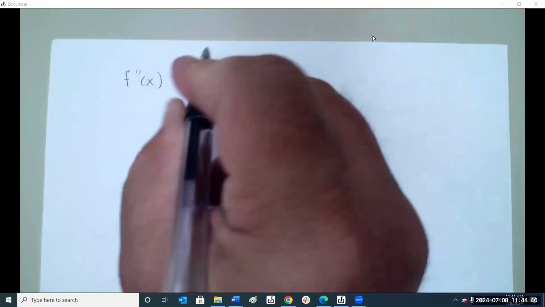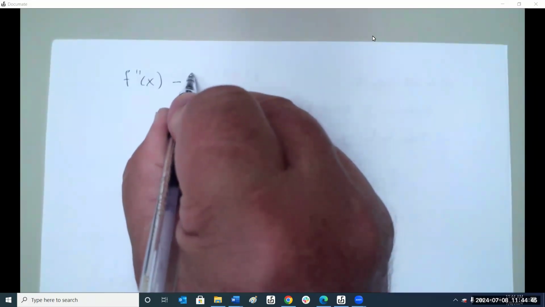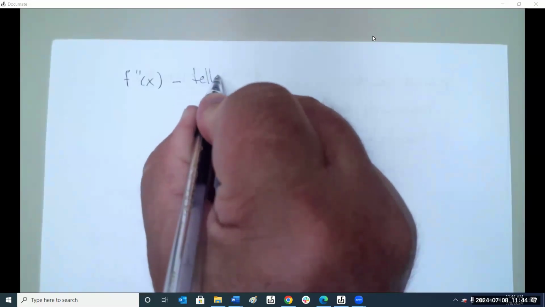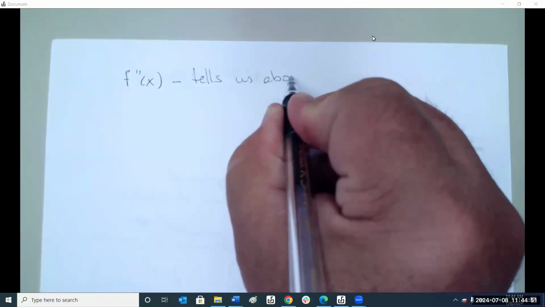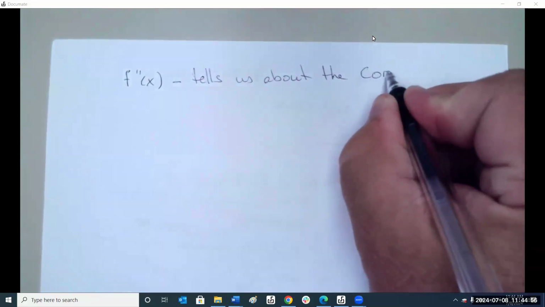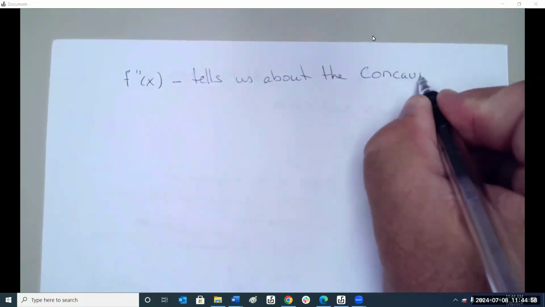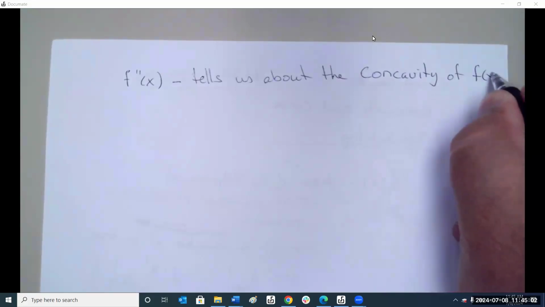the second derivative tells us about the concavity of our function.